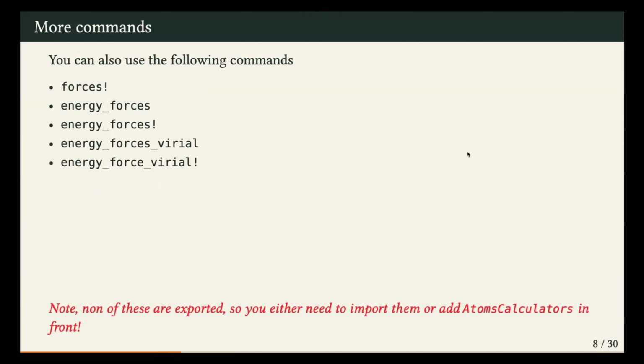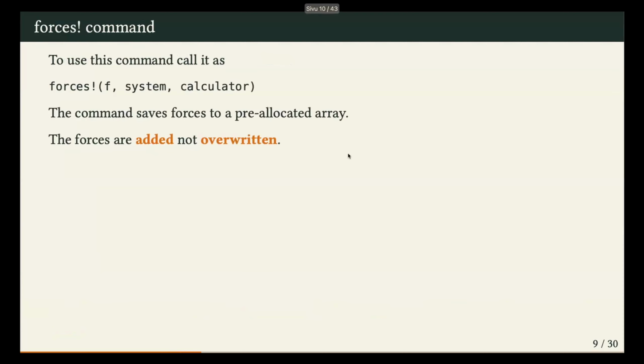The main point here is the double command, energy, forces, virial, but I will briefly mention this forces call so that you know that it exists. Note that none of these are exported, so you have to either import them or add AtomsCalculators in front. This is the non-allocating forces calculator. You can use it, but I don't want to go into the details of this one.